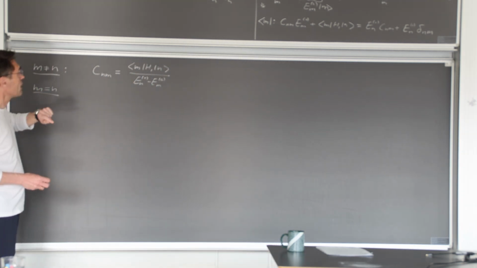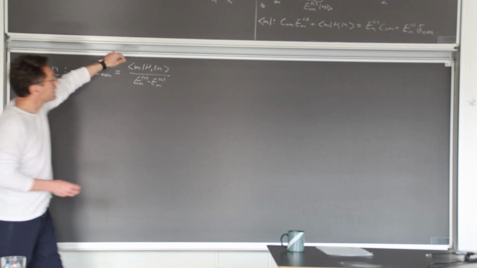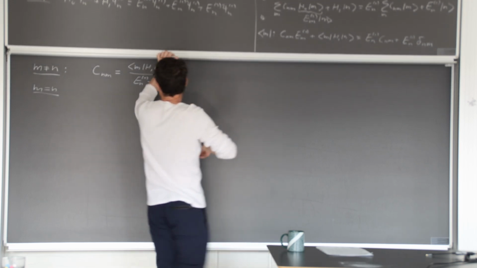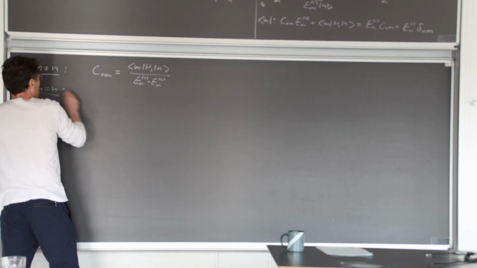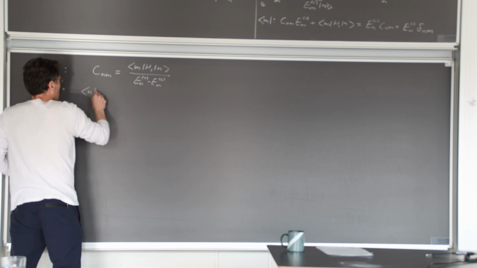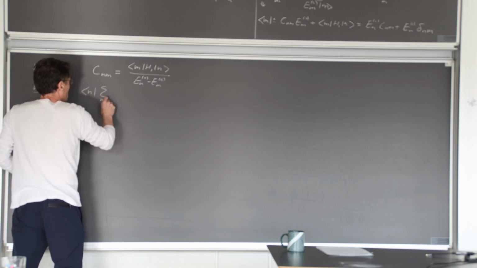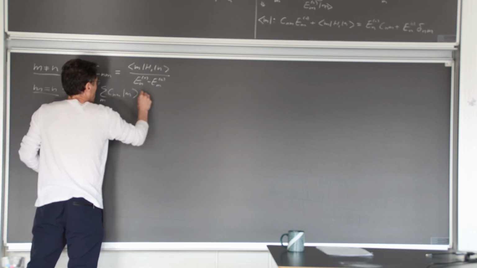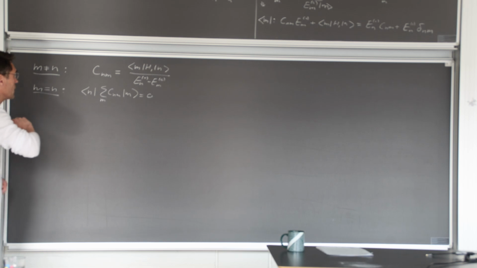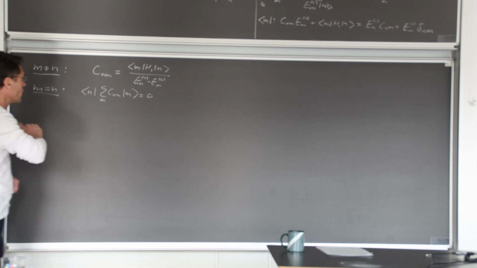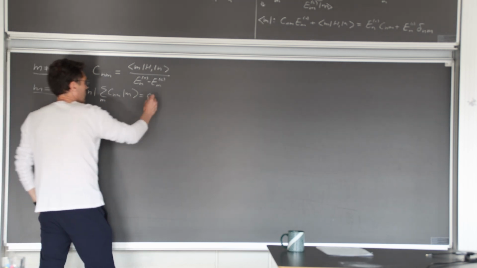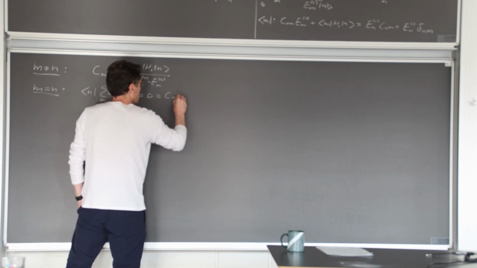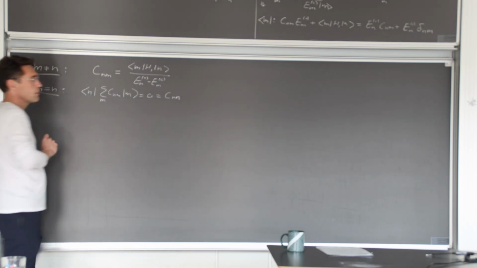But this is where my orthogonality becomes important, because this tells me precisely that this is vanishing, right? So if I do that, since they are orthogonal, this just tells me that this is actually the same as c_n.